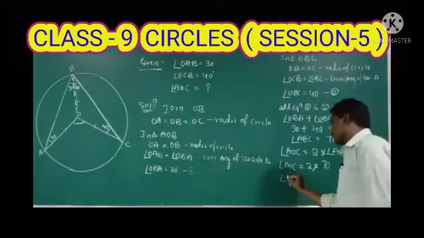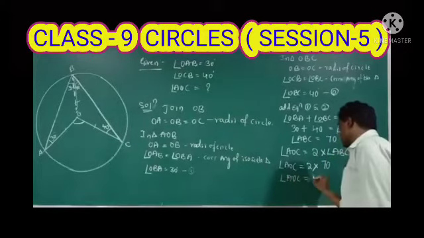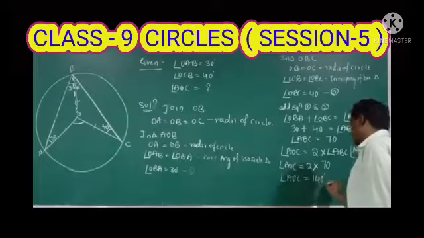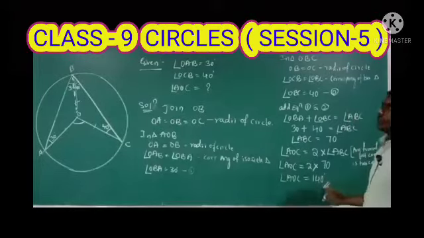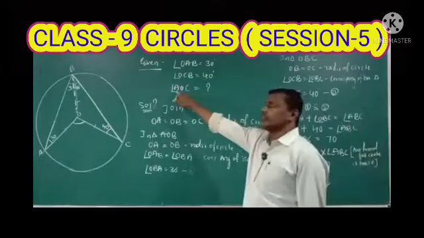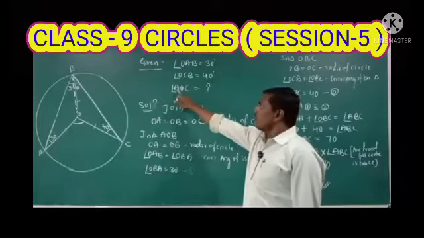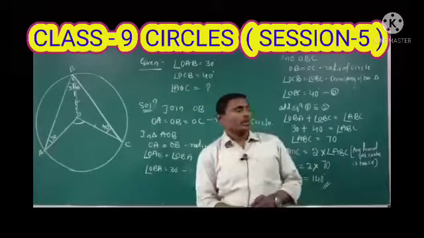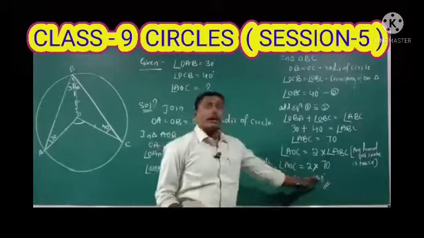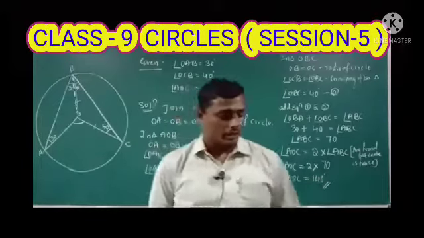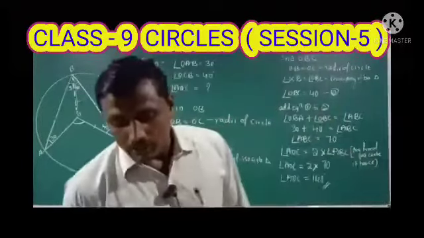So angle AOC is equal to 140 degree. This is the required angle. What we need to calculate here? Angle AOC. So angle AOC is 140 degree. Okay. Let's come to the next question.